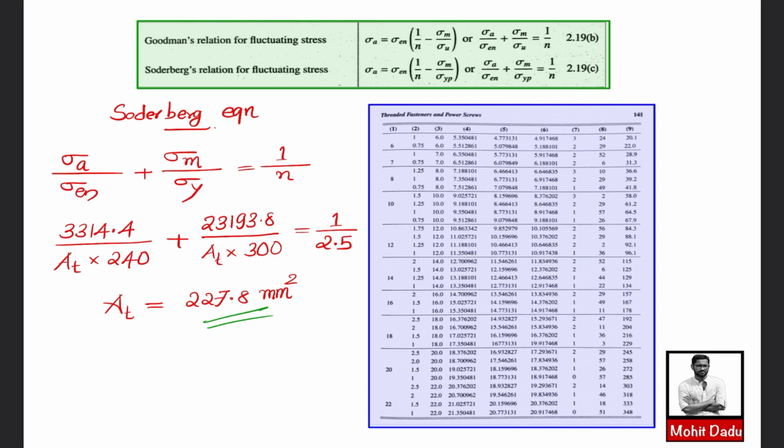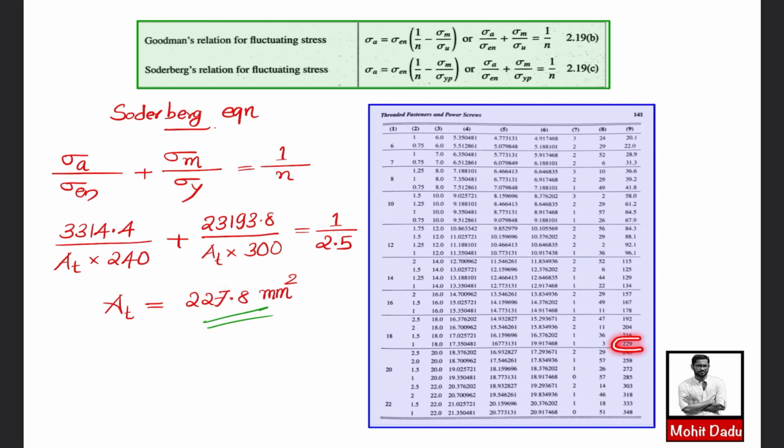Based on this, you have to select a suitable bolt, for which you will be using table 9.8 that is given on page 141. In the last column, the tensile area is given. So you can look for this value of 227.8 mm square, or the value that is higher than this.